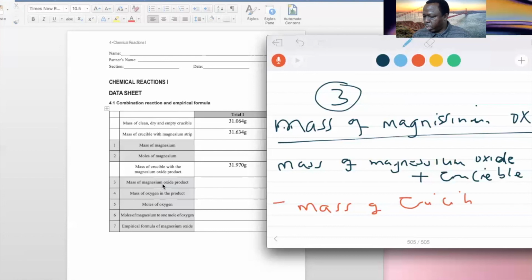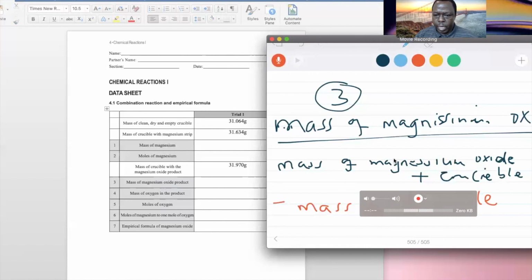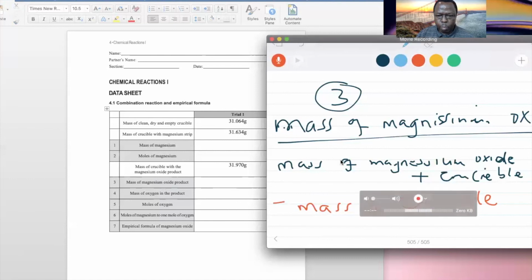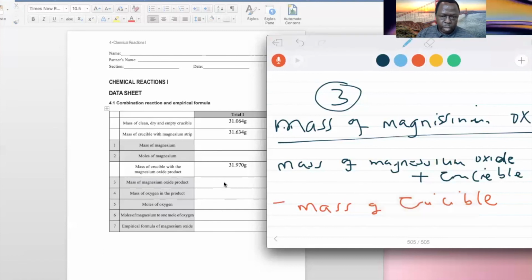So this will give you line 3. You are given here the mass of the crucible with the magnesium oxide product, and minus the empty crucible will give you the mass of the product by itself. So for line 4, you already have it there.